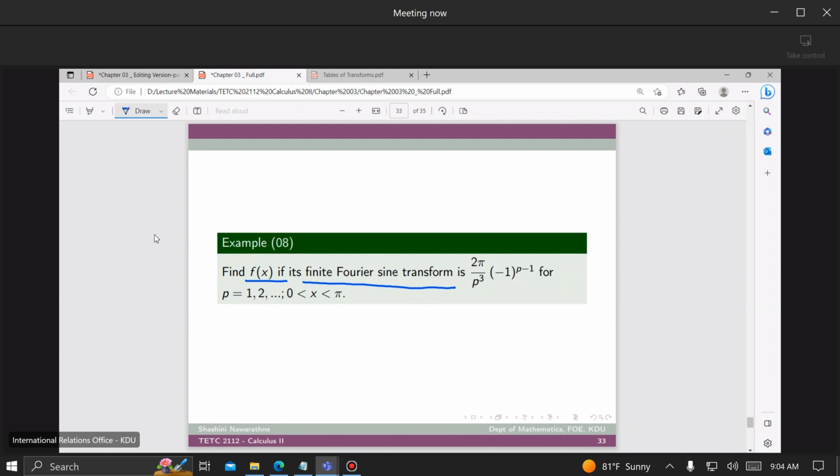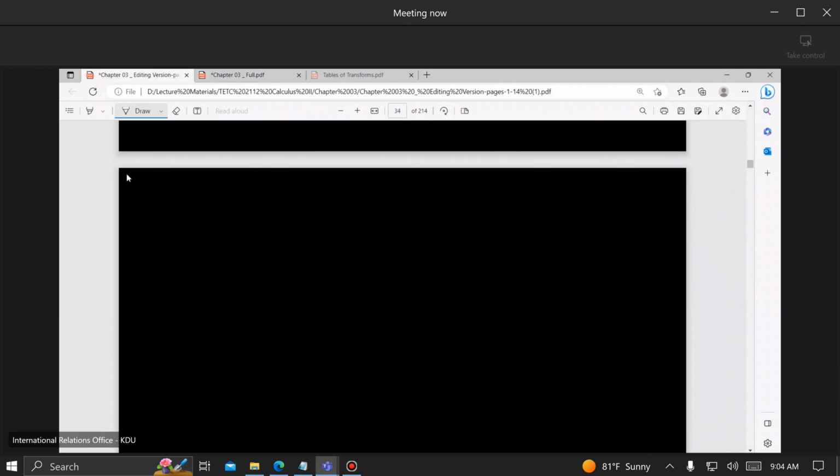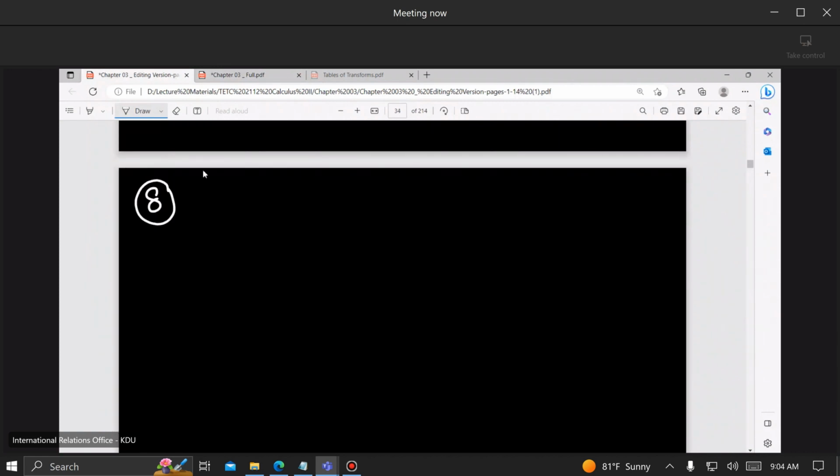So you are asked to find f of x, and its finite Fourier sine transform is given. Let's write down the question. Question number 8. The finite Fourier sine transform is given.